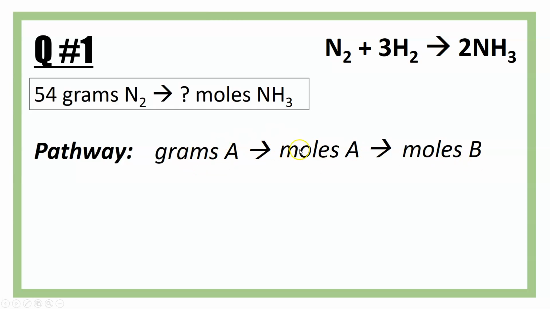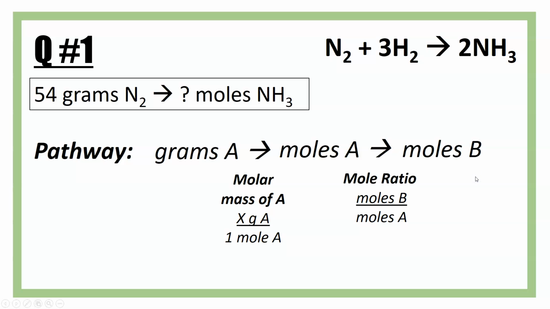Grams of A to moles of A, moles of A to moles of B. To go from grams of A to moles of A, we use molar mass of A, of nitrogen. And to go moles to moles, we use mole ratio.